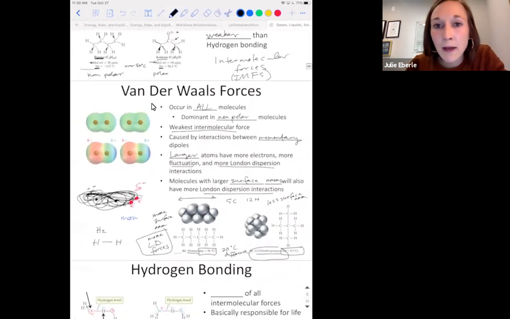So the more IMFs that a substance has, the higher its boiling point. The fewer IMFs, or the weaker the intermolecular forces, the lower the boiling point. And melting point, same trend. The lower the boiling point, the lower the melting point. The more forces, the higher the boiling point and melting point. The less forces at play, the lower.